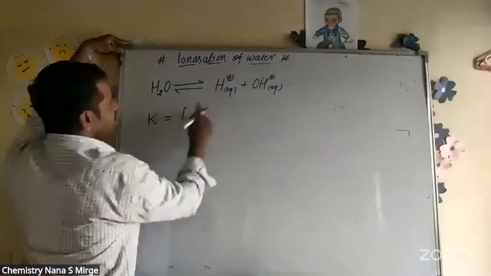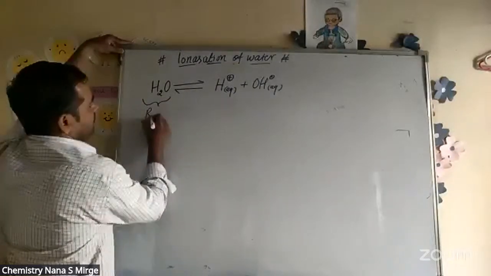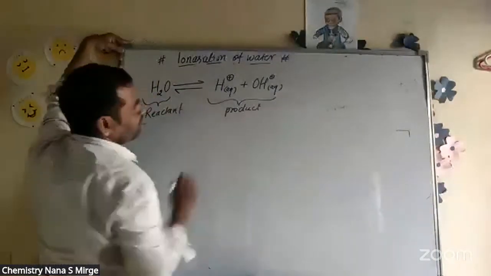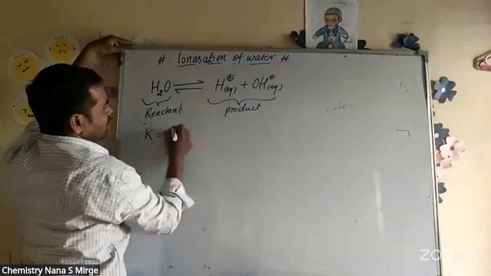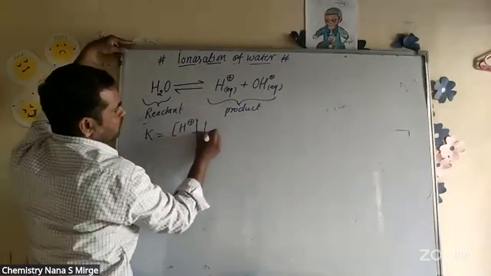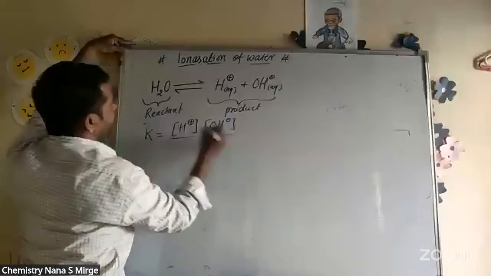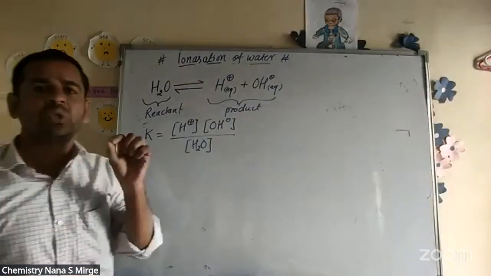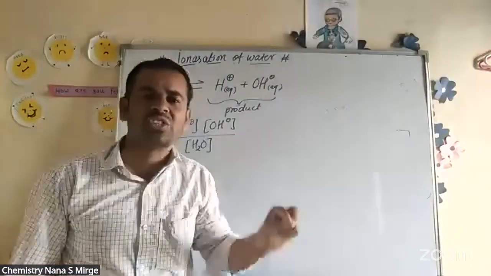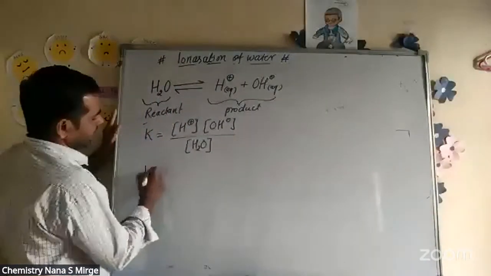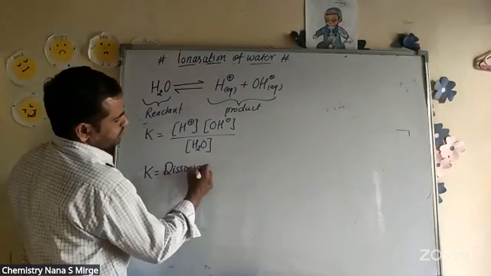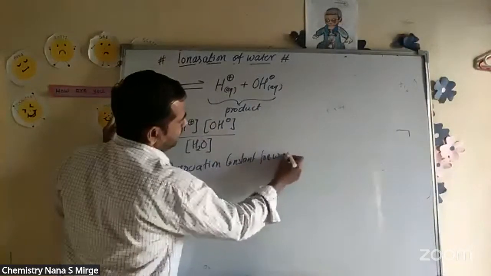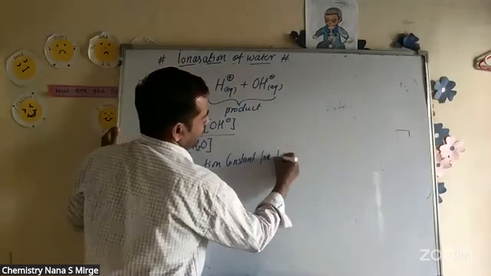K is equal to the concentration of products, H plus into the concentration of OH negative ion, divided by the concentration of the reactant, H2O. Here, K is the dissociation constant for water.